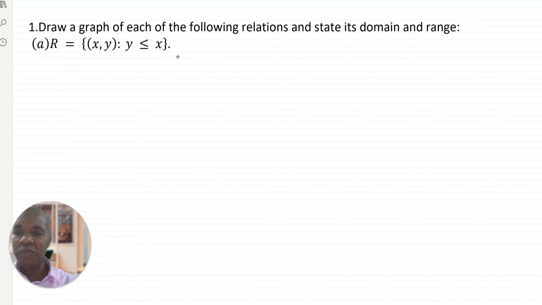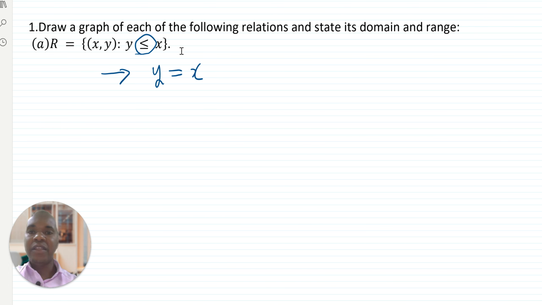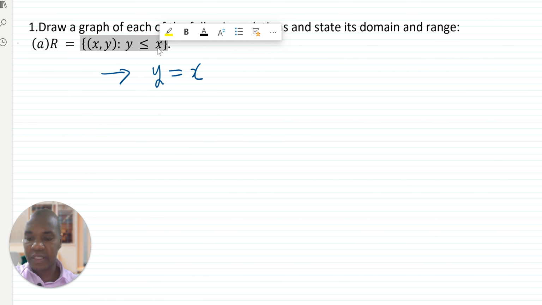For this one, you'll be sketching the line y equals x, and because we have an inclusion sign, you're going to use a solid line. I will be using this equation as it is to sketch the graph.